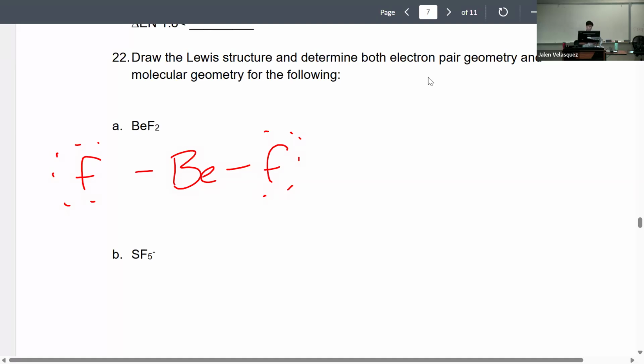So what do we think? Linear. Are they both linear? Yes, right, because the central atom does not have any lone pairs. So in this case, both electron pair and molecular geometry are going to be linear.